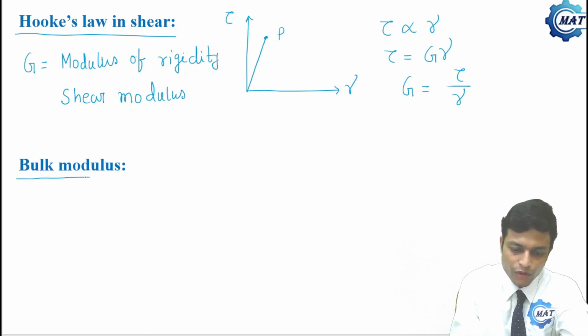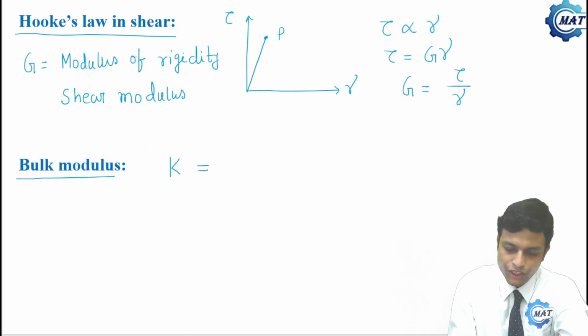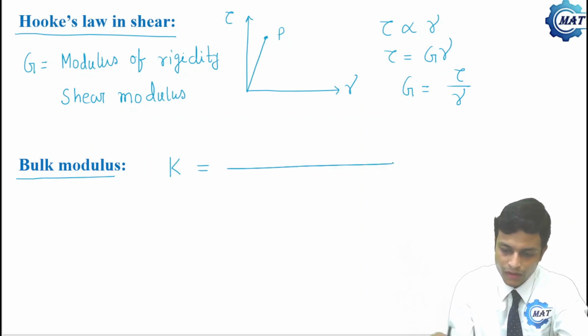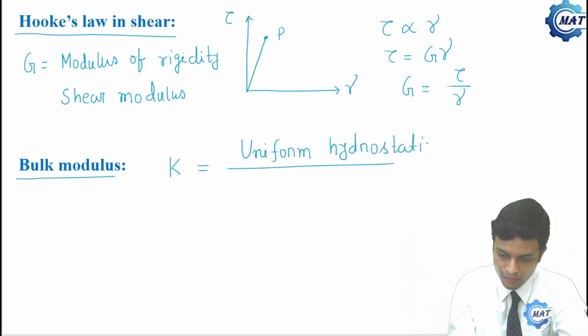Now what is bulk modulus? Bulk modulus K is the ratio of uniform hydrostatic stress by volumetric strain.